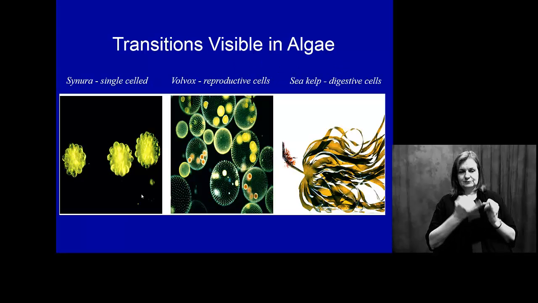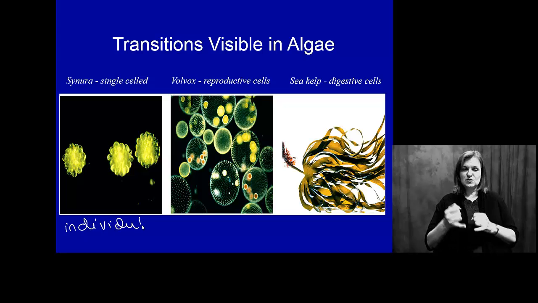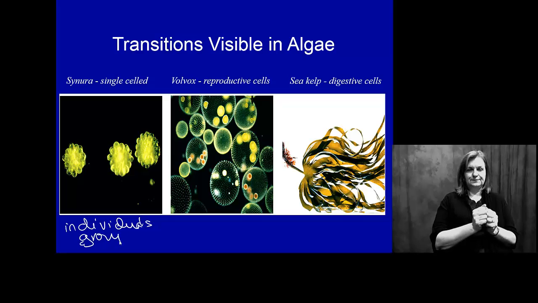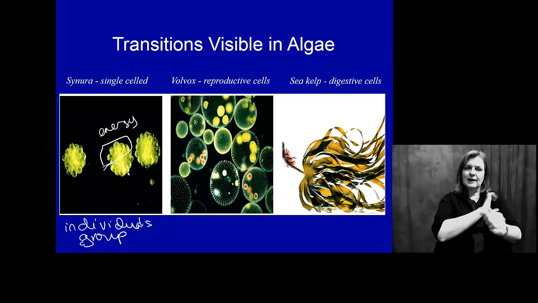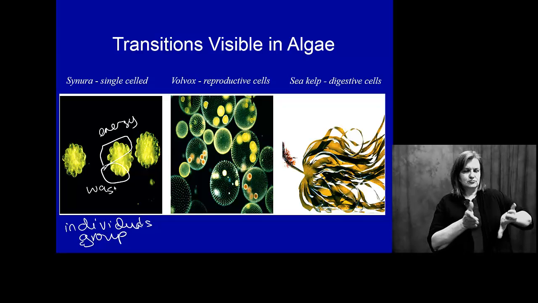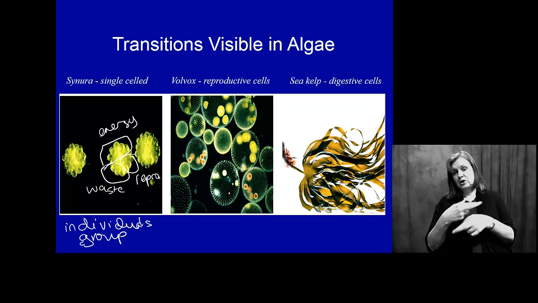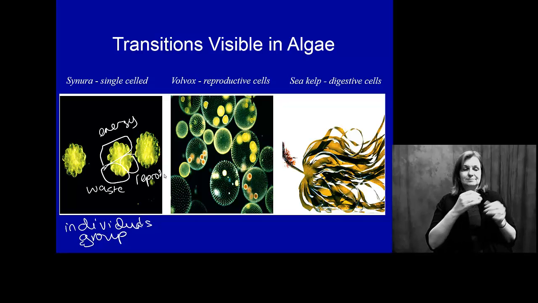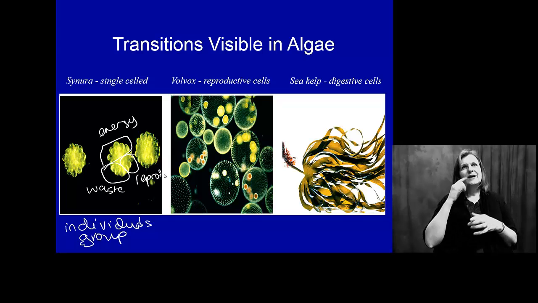This is cyanura on the left. They're still individual cells, but they group together, and within this group, say this top half would actually be associated with getting energy. This side might be associated with waste disposal. This side might be associated with reproduction. So they're still individual cells, but in this group, think about it like a community.